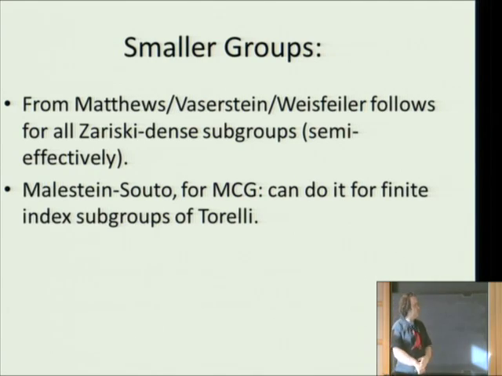Now, in fact, for the mapping class group, Justin Malestein, who's a postdoc with me, and Juan Soto can extend my method to do it for Torelli. And the germ of an idea is that if you look at the cover of a surface, a finite cover, double cover even, then the Torelli group acts non-trivially.